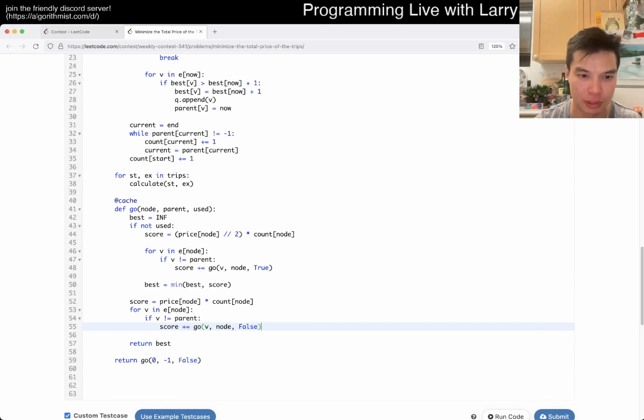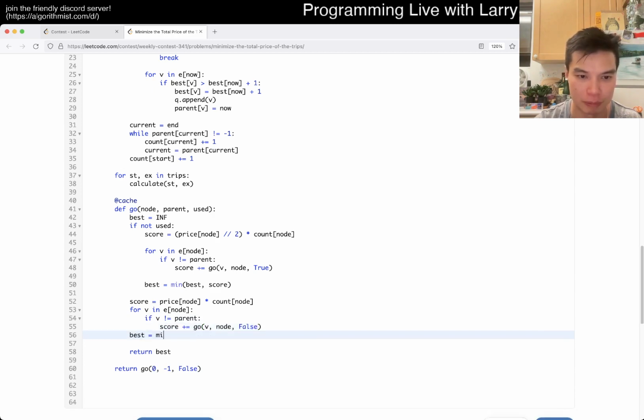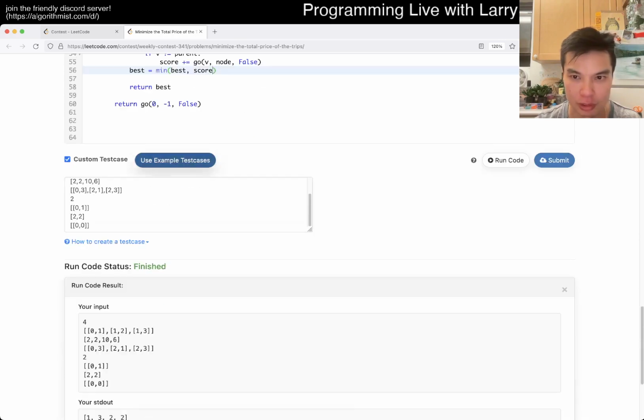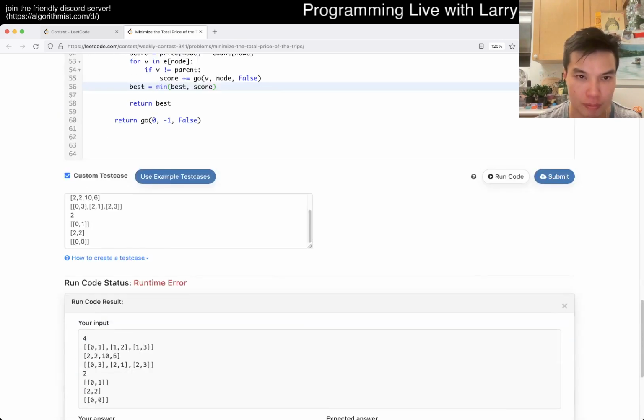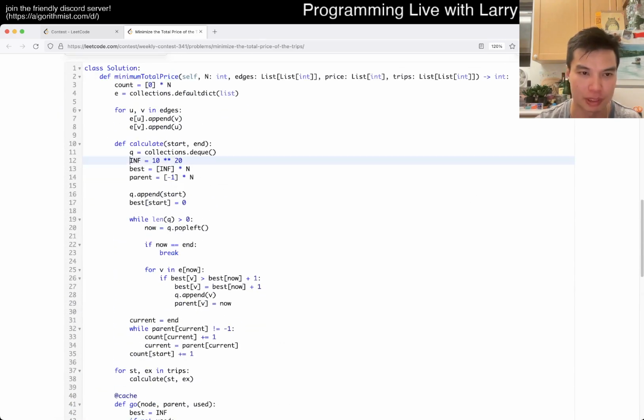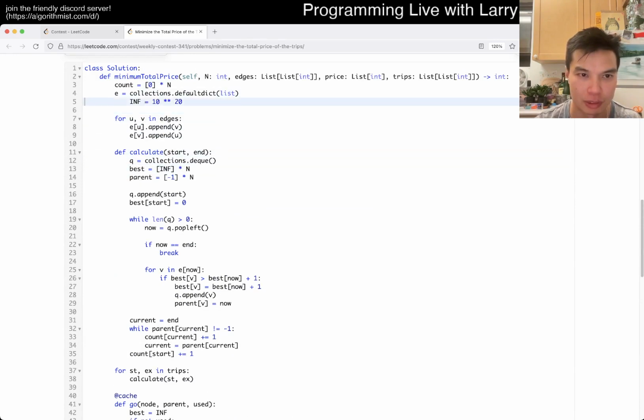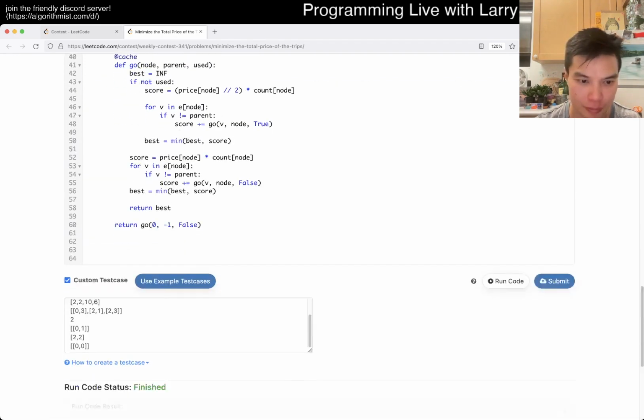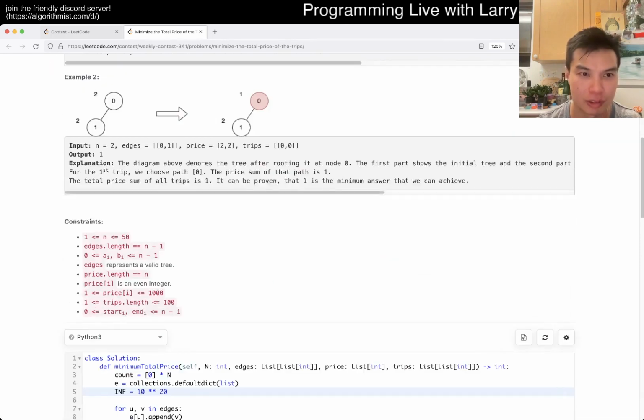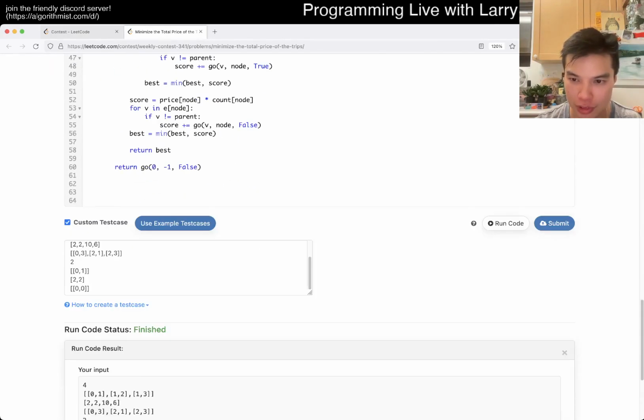So this is forced now. And best is min of best and score. I put it inside the calculate. Okay, fine. 23 and 1. YOLO. Submit.